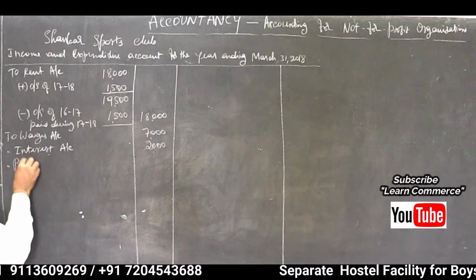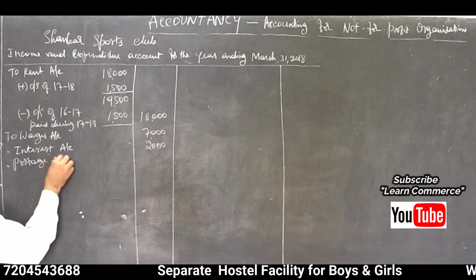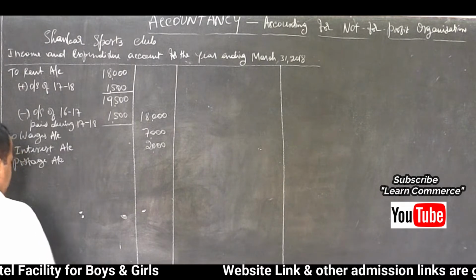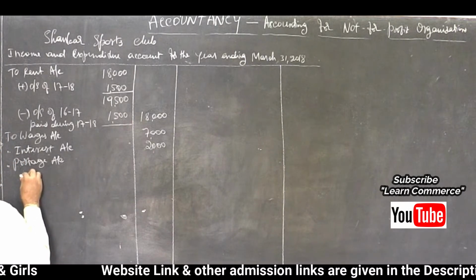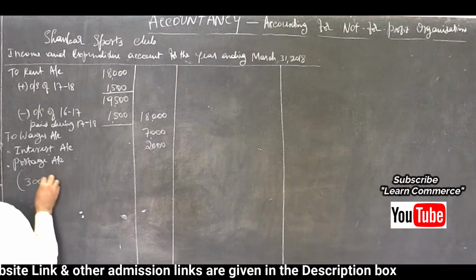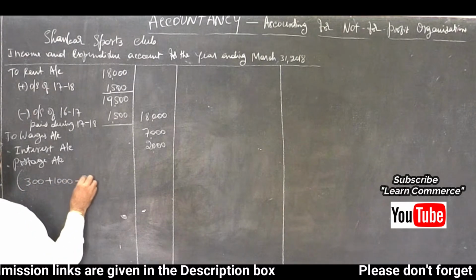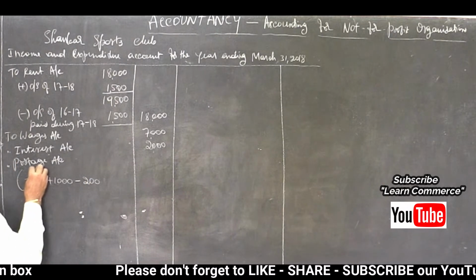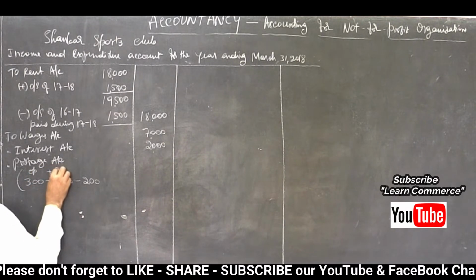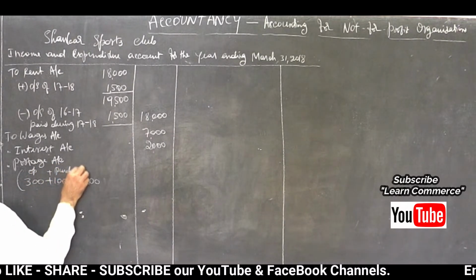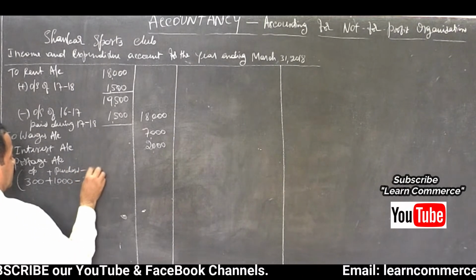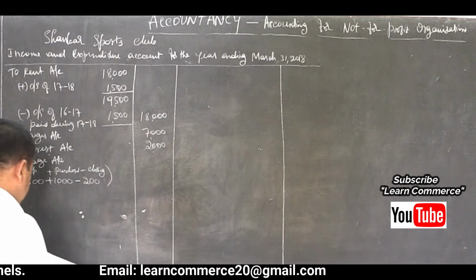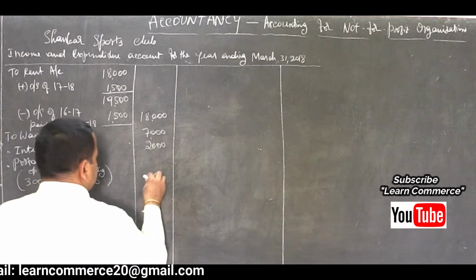Postage account. Show the calculations here: 300 plus 1,000 minus 200. Right? Yes, this is opening plus purchased, isn't it? Minus closing. So it will be how much? 1,100.